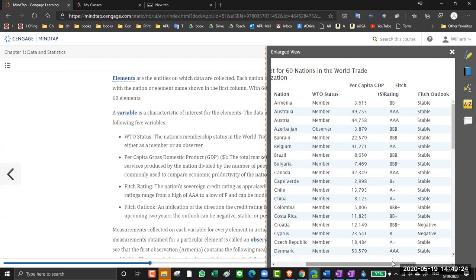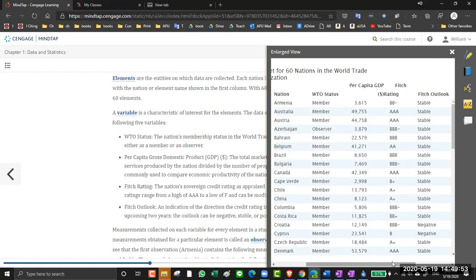It's all the measurements. Member, 3615, BB minus, stable. That's an observation, that's the observation for Armenia.